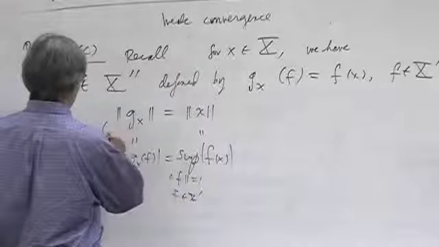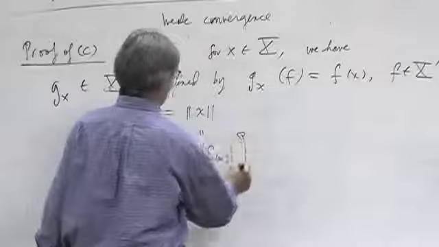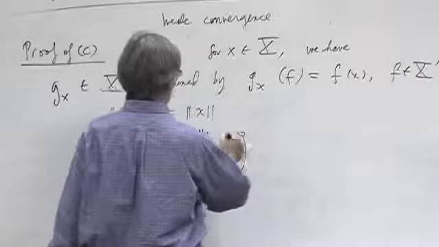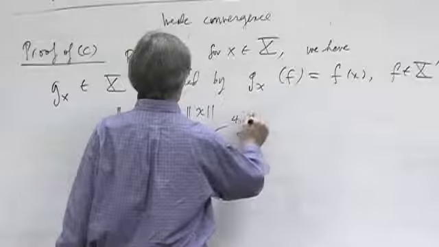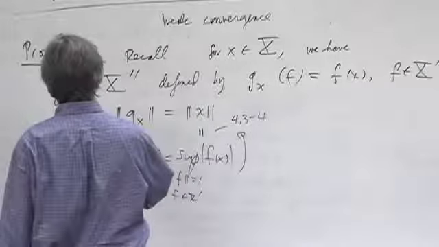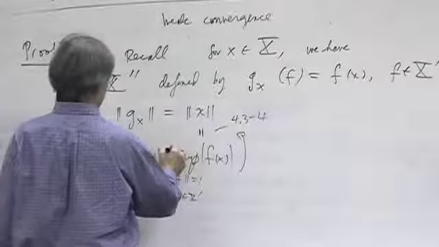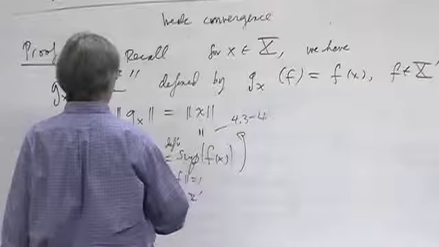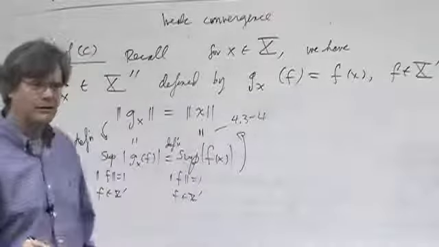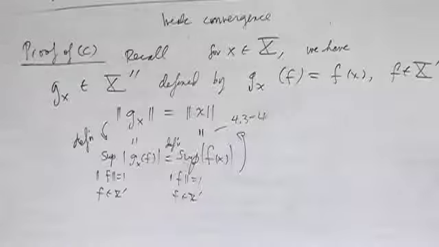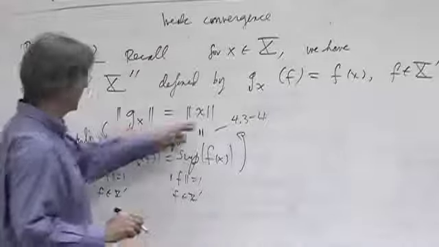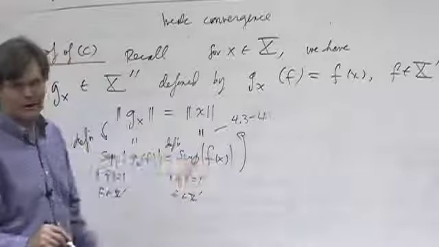So going this way, and then going back this way. This is by 4.3-4. This is by definition, and this is by definition. Okay? You understand what I'm doing here with this little diagram? I'm just recalling one of the results we had, that this is equal to that.